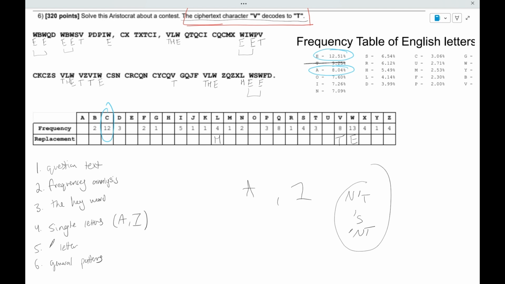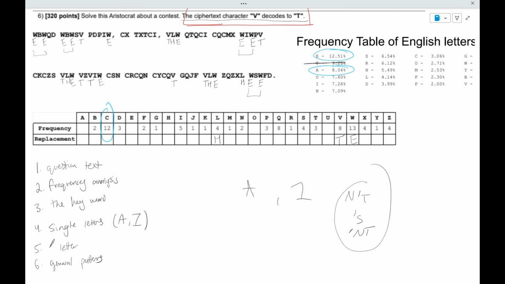So that could be words like every, right? Where there's two E's. It could be words like, I don't know, enemy. It could be elect, right? So there's tons of words that have those two E's. And so you just want to keep those in the back of your mind while trying to solve.